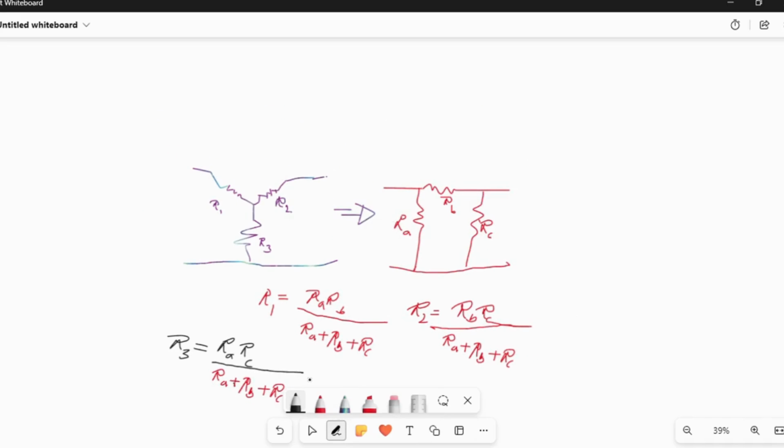This one is equation 2, and this is 3. So I will put them in order.